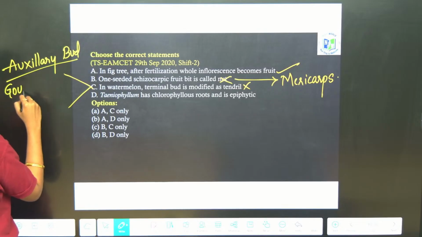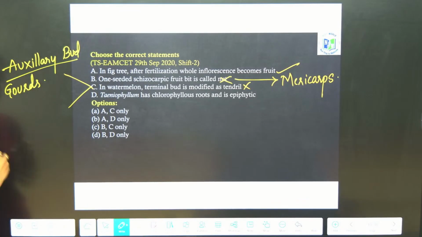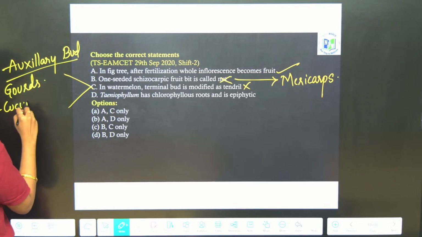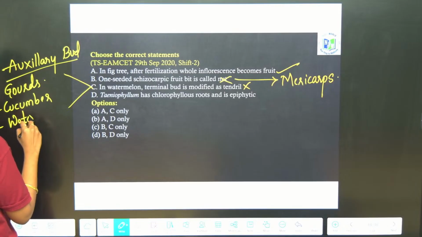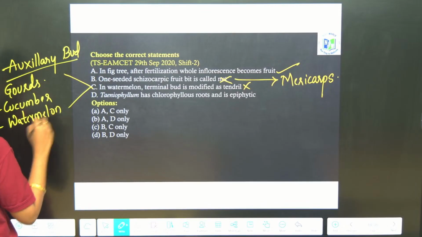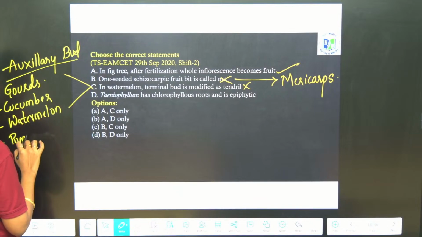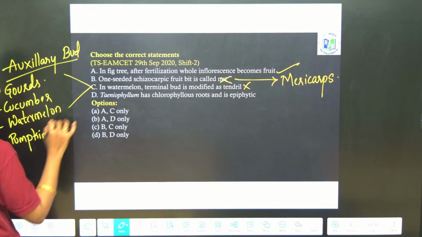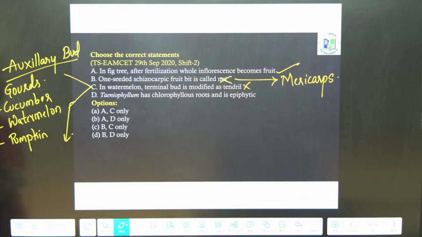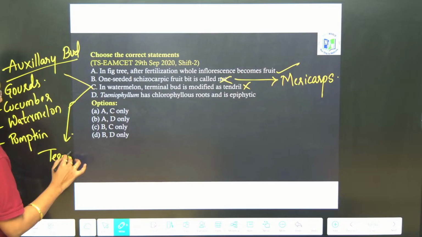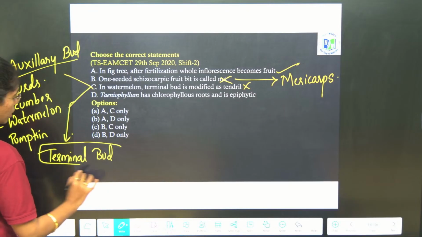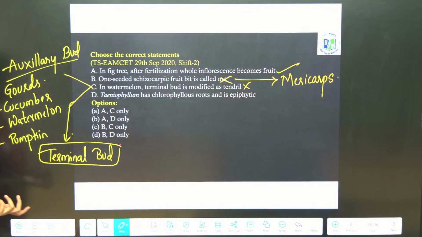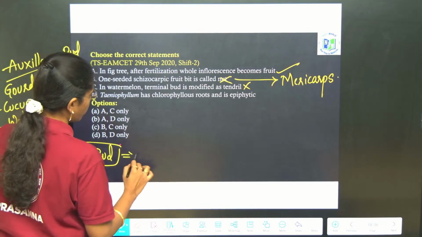This you will observe in gourds, like cucumber, watermelon and pumpkin. And terminal bud modifies to tendril. This you will observe in bougainvillea.